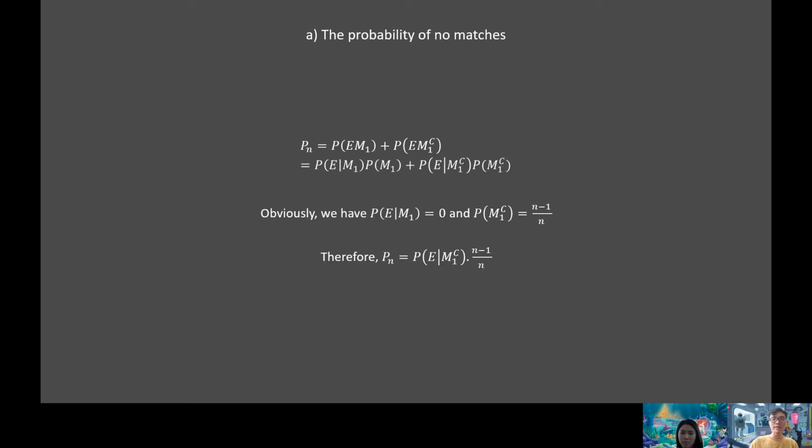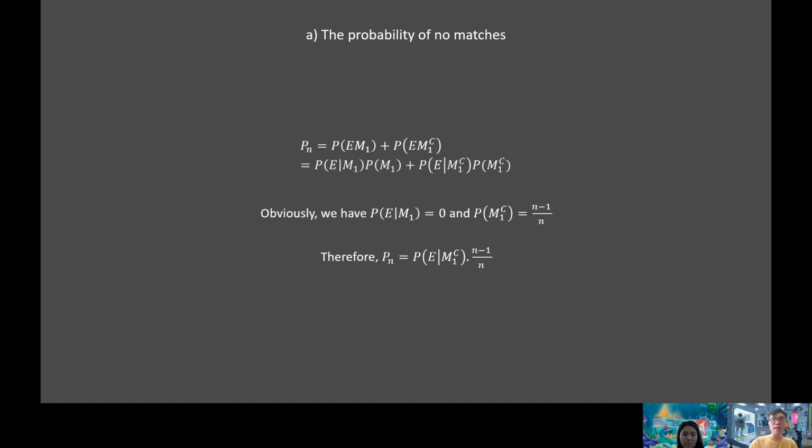We could clearly see that the probability of the event that no matches occur given that the first man selects his own hat, denoted by E given M1, is equal to 0.